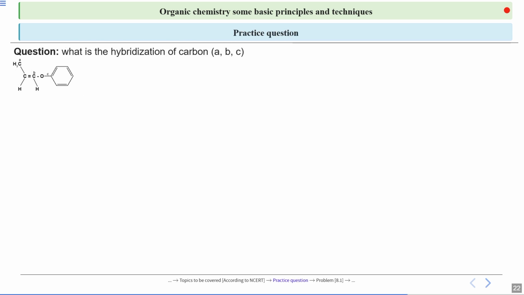Here, you have to look at the hybridization of each carbon. The carbons are marked A, B and C. Let's see what the hybridization is. You have 1 minute to solve it. Your time starts now.